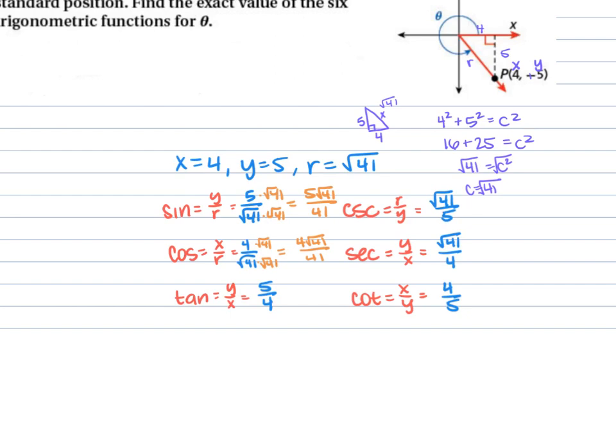So we have sine is 5 square root 41 over 41. Cosine is 4 square root 41 over 41. Tangent is 5 over 4. Cosecant is the square root of 41 over 5. Secant is the square root of 41 over 4. And cotangent is 4 over 5.